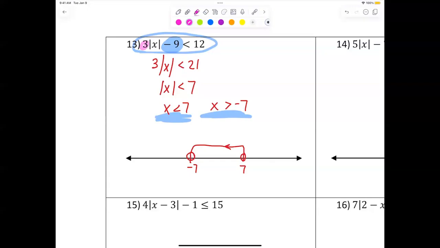What did you get? When you added 9, what did you get? So your problem is this: you didn't isolate first. You don't write two equations until the absolute value has been isolated, okay?